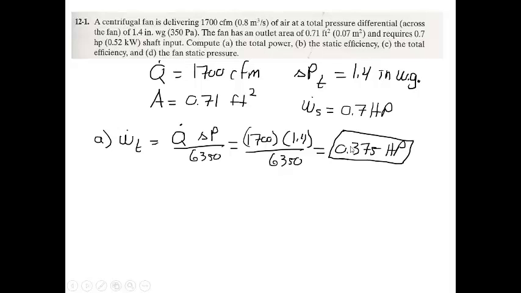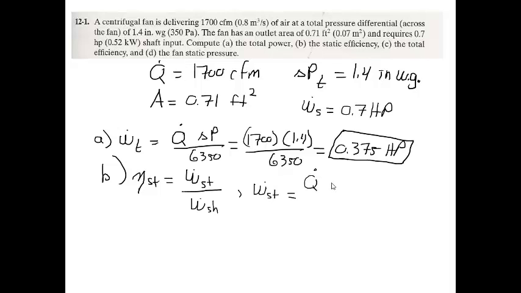Part B is asking for the static efficiency. So the static efficiency is going to be the static work over the shaft work, where a few slides earlier we looked at static work as being flow rate times the static pressure, again divided by 6350.